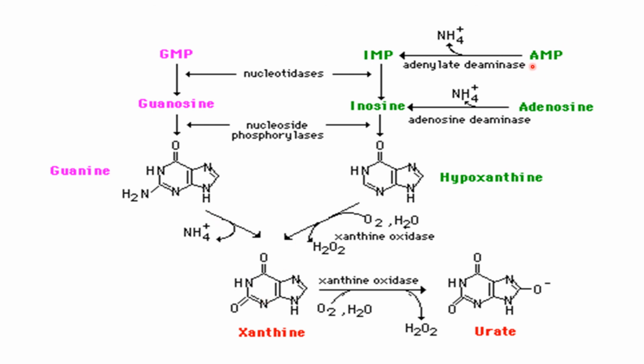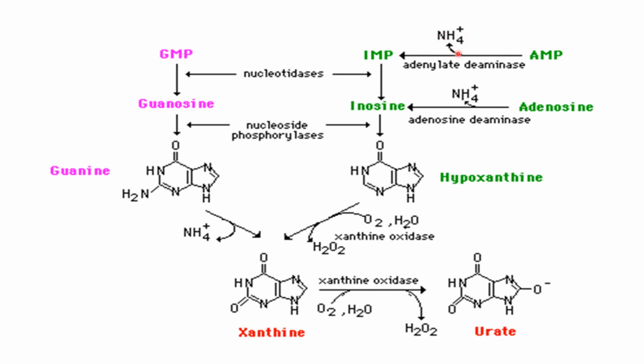Adenosine monophosphate, by adenylate deaminase, loses its amino group and is converted into inosine monophosphate. We have learned already that inosine monophosphate is converted into AMP, where aspartate donates its amino group and it is converted into adenylosuccinate and then into AMP.